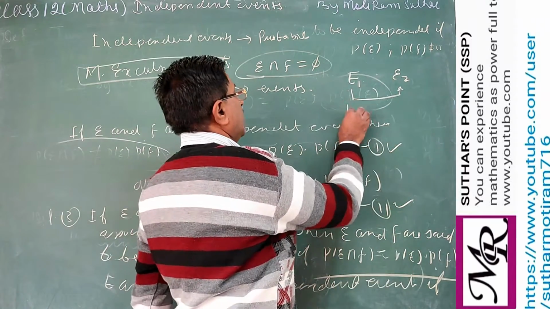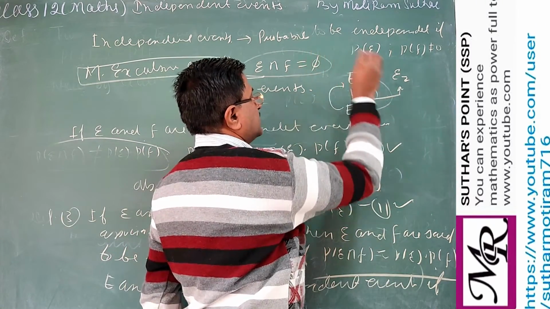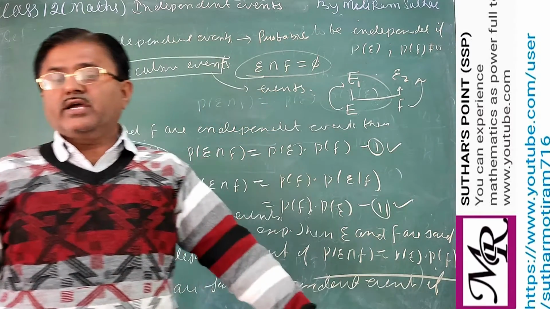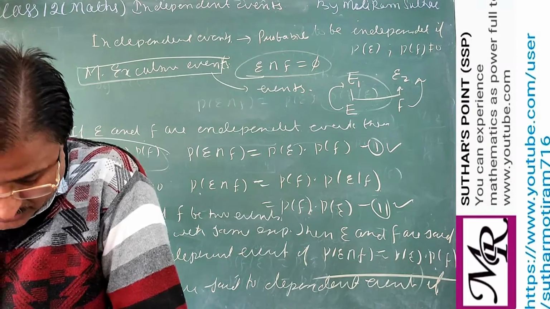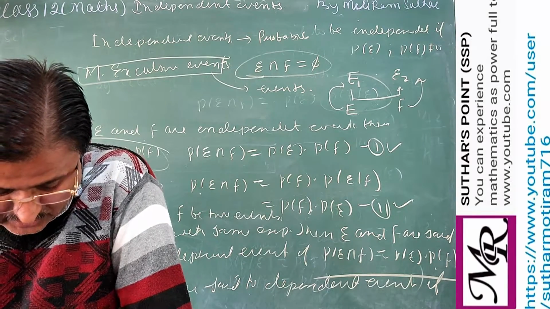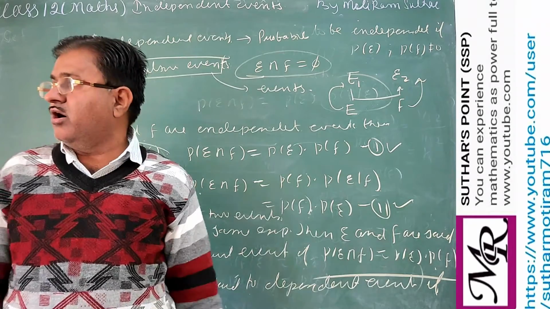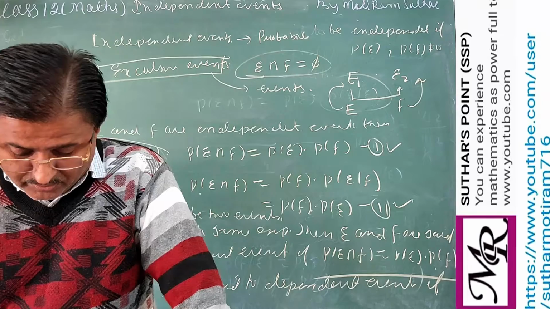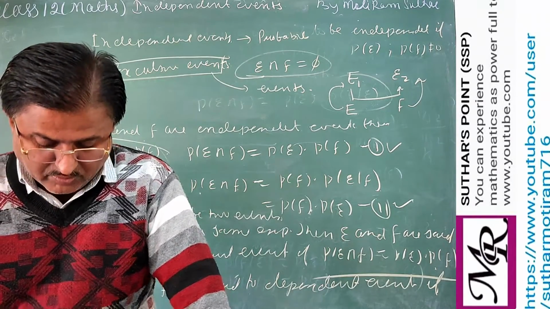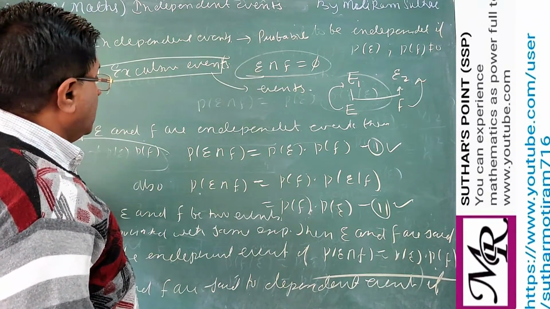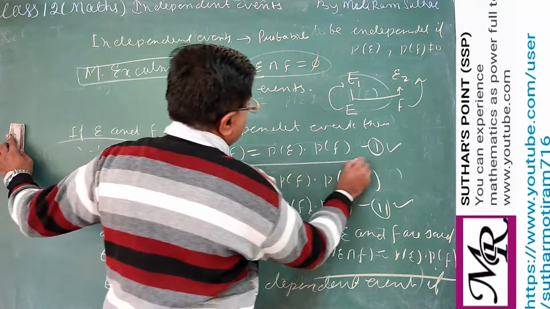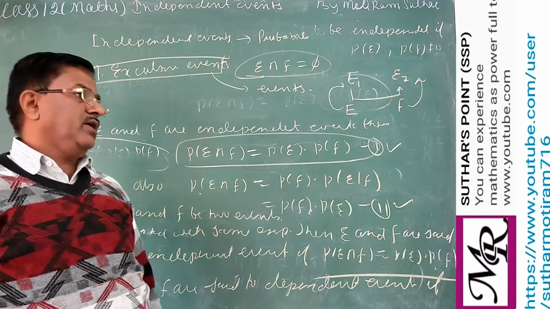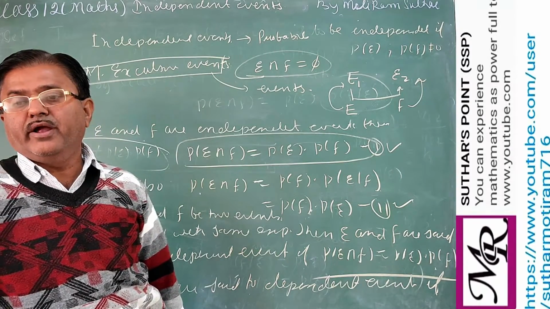Let E be the event associated with the first experiment and F the event associated with the second experiment. If the probability of simultaneous occurrence of E and F is the product of their probabilities, then the two experiments are said to be independent.